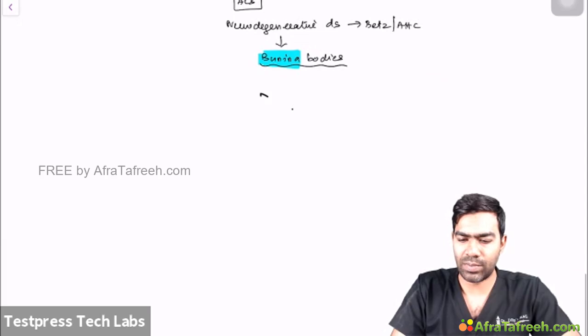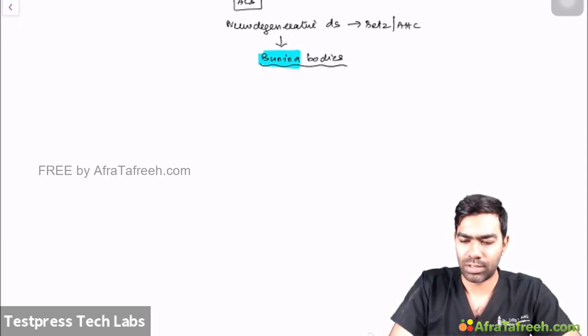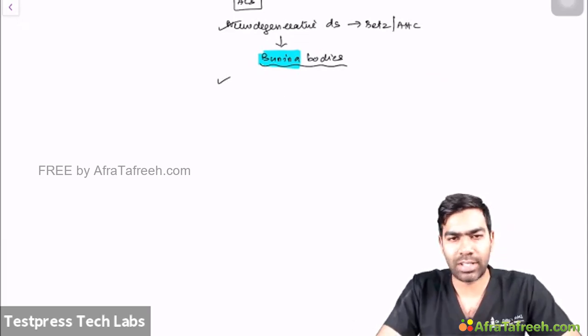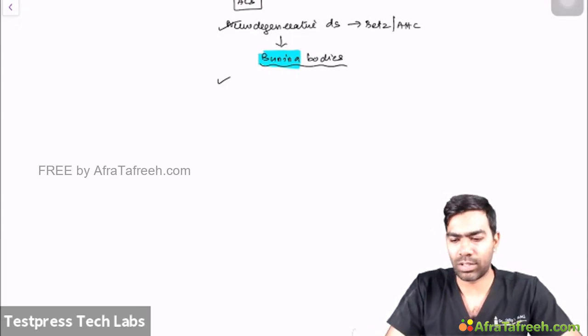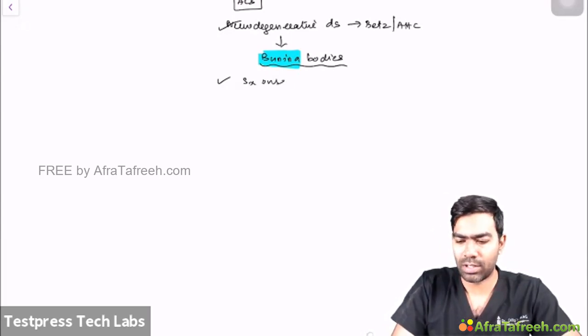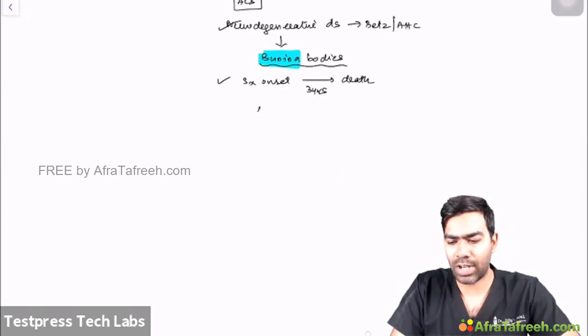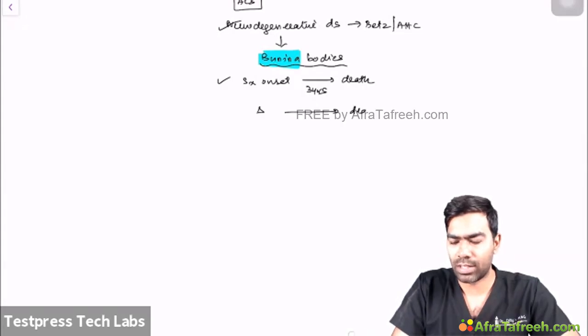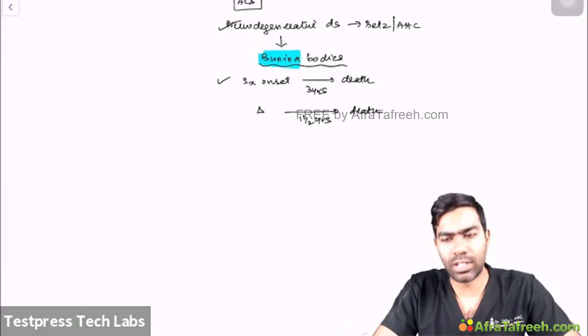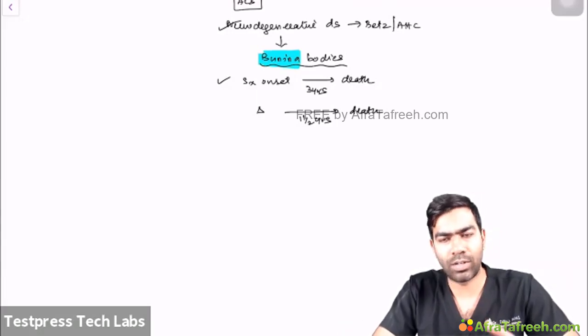Basically, it's a disease with not a very good prognosis. If they ask you the average survival, from symptom onset to death is usually 3 years, and from the time of diagnosis to death is usually 1.5 years only. So this is the usual survival.